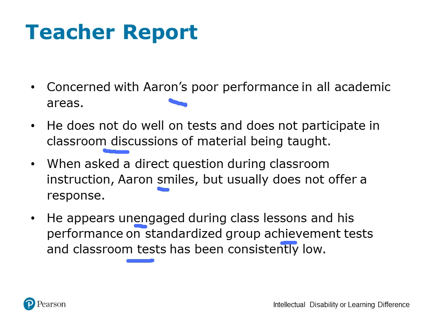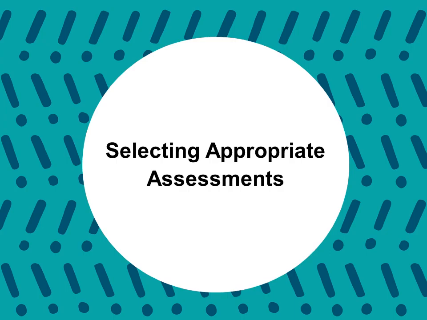So you think about the referral information, and then you're going to start taking that information and thinking about the assessments that will allow you to answer specific questions that were raised based on the reason for referral. So certainly you're thinking about consistently low achievement across content areas. You're thinking about the lack of engagement.